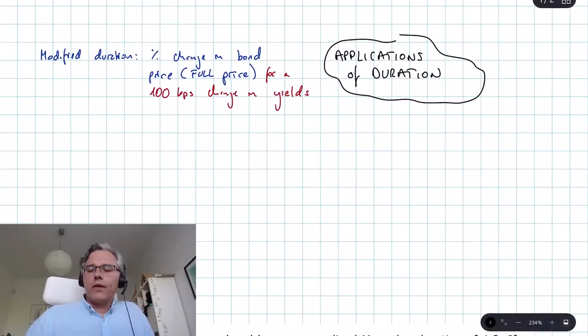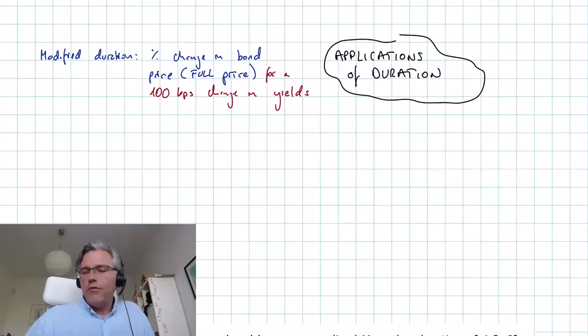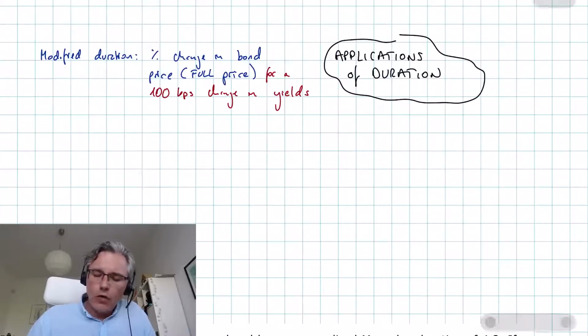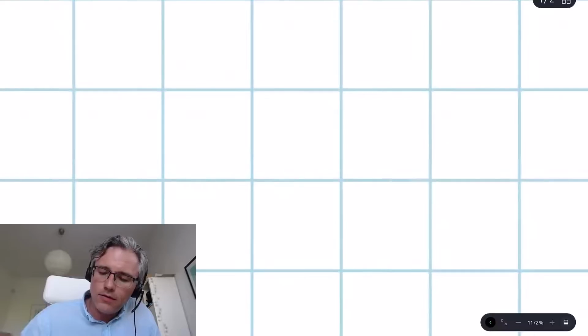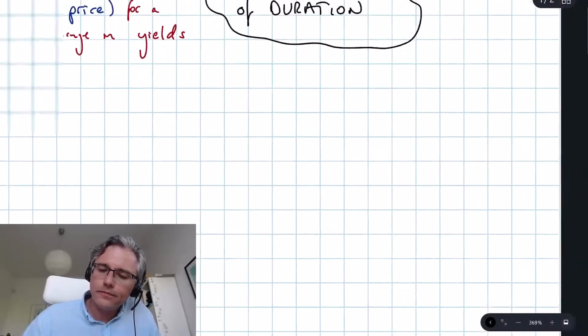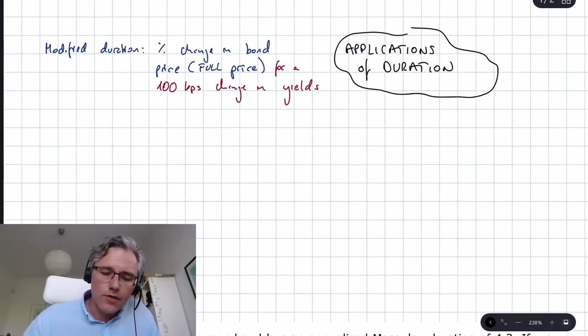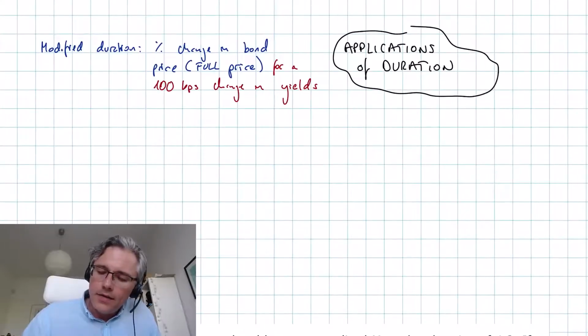Now, as we will be exploring in a lot more detail later on when we talk about the convexity adjustment, what duration essentially tries to measure or portray is the following.